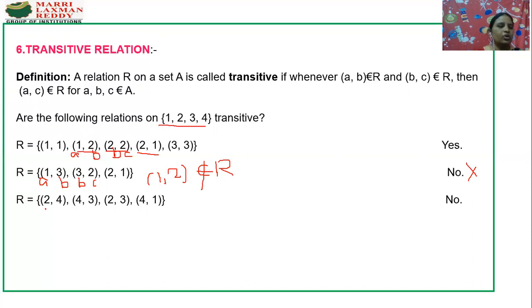Now coming to (2,4), (4,3). It is (a, b), it is (b, c). (a, b) belongs to R, (b, c) belongs to R. What about (a, c)? It is nothing but (2,3). (2,3) is present in this relation.